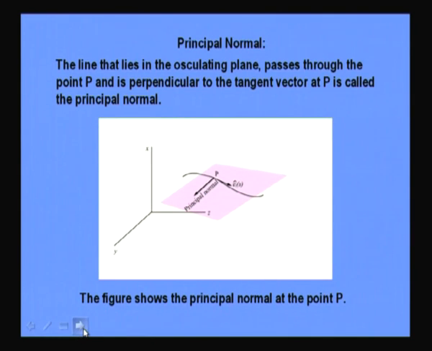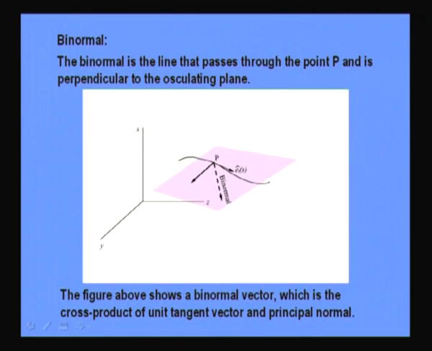Now, we define the principal normal. The line that lies in the osculating plane, passes through point P and is perpendicular to the tangent vector at P is called the principal normal. In this case, this is the unit tangent vector, and this is the principal normal. Now another vector is defined, that is the binormal.